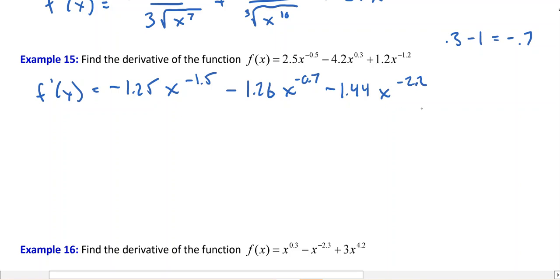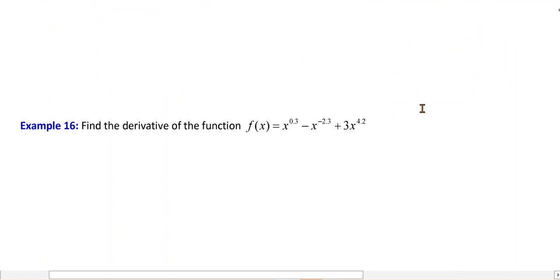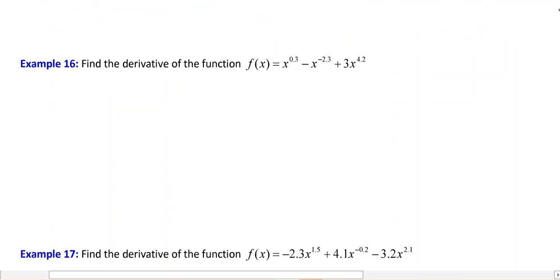In this next example, 0.3 comes out to the front, nothing to multiply, x, and 0.3 minus 1 is a negative 0.7. Now we have a negative 2.3 times a negative 1, which would be a positive 2.3 times x. Negative 2.3 minus 1 is negative 3.3.